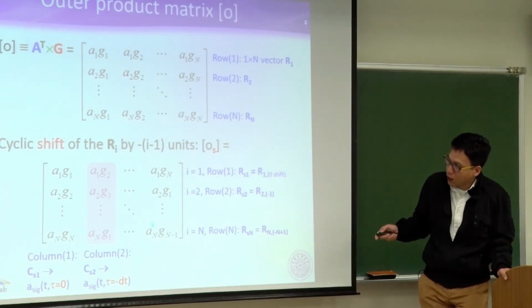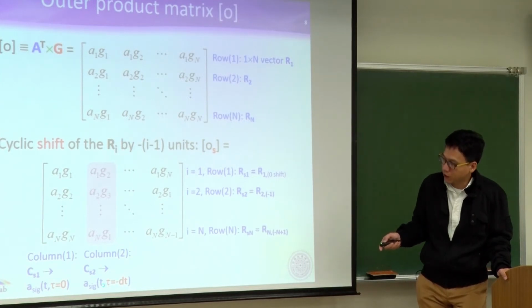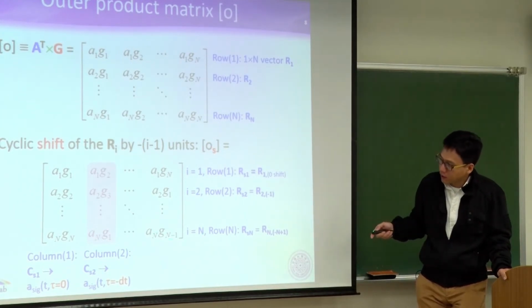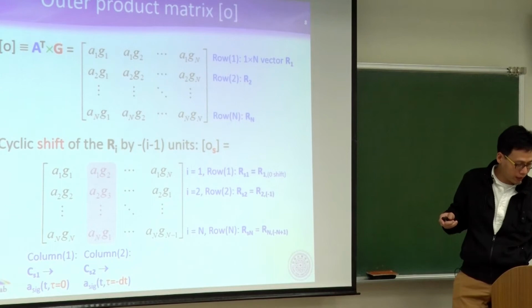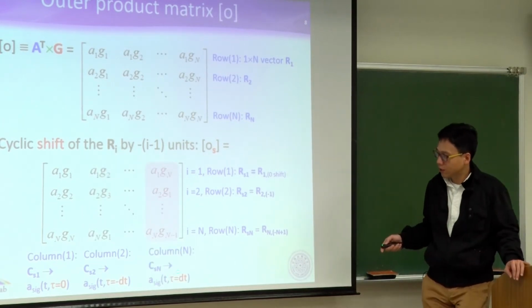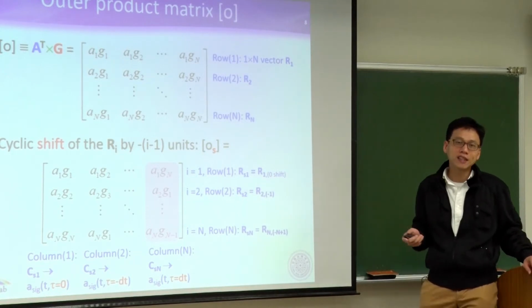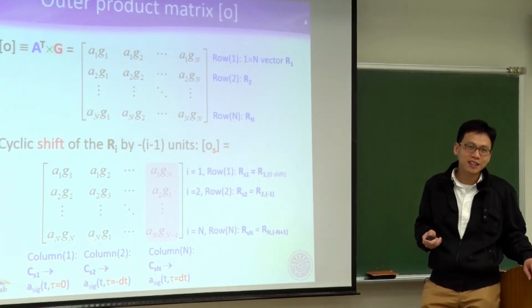And the third one, not shown here, should be tau equals minus 2 dt, and then minus 3 dt, and minus 4 dt, and so forth. But the last one, because of the cyclic feature, equals tau equals plus 1 dt.